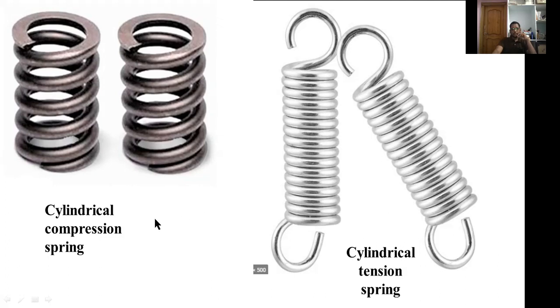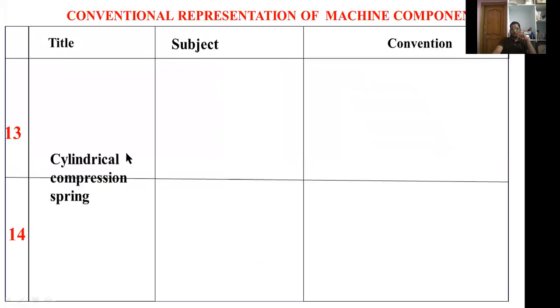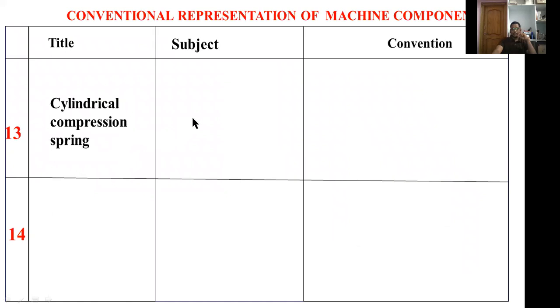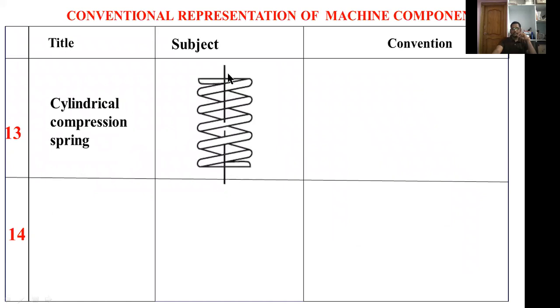How to represent this cylindrical compression spring and cylindrical tension spring? Cylindrical compression spring: this is the actual diagram, but for saving our time, I am drawing like this.